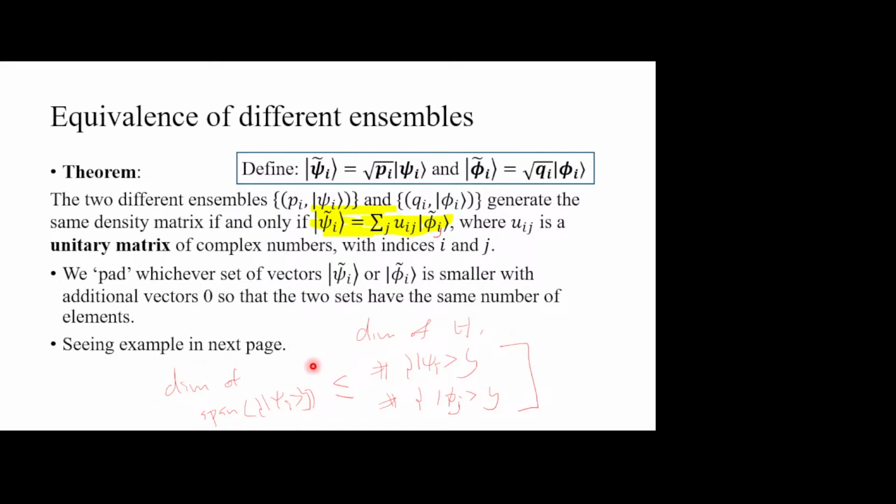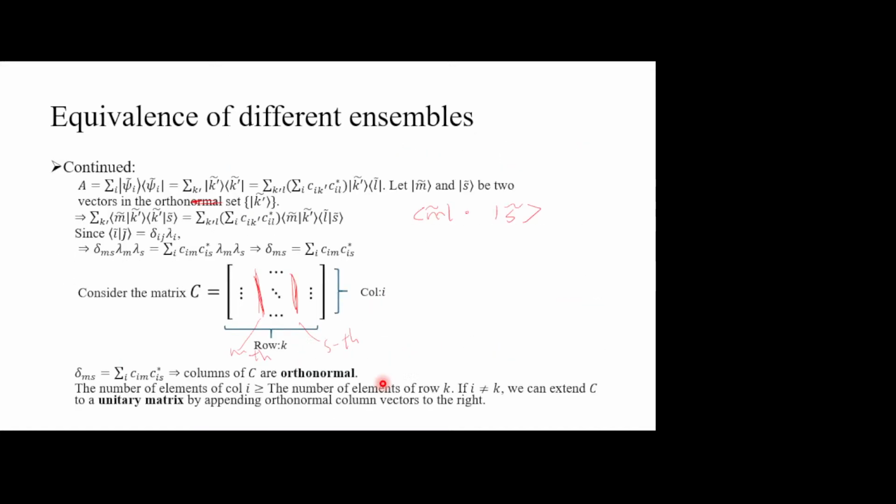And so we know this thing can be smaller or equal to this thing. So C might actually not be a square matrix, but that is okay because we can just extend C to a unitary matrix by appending zero columns to the right.